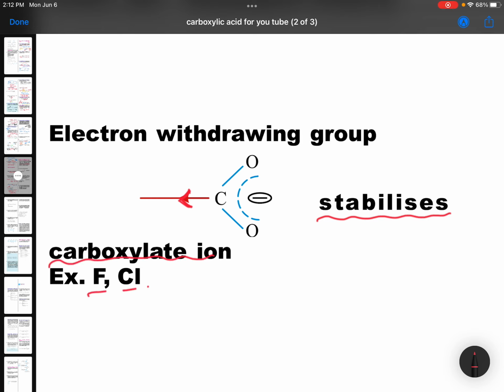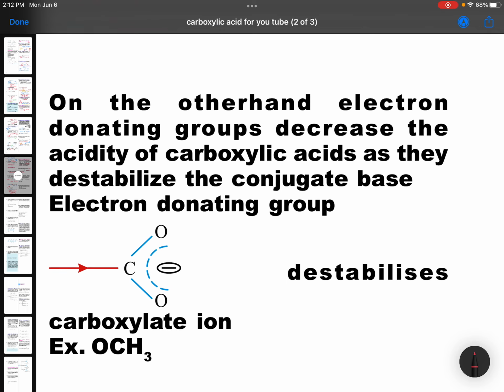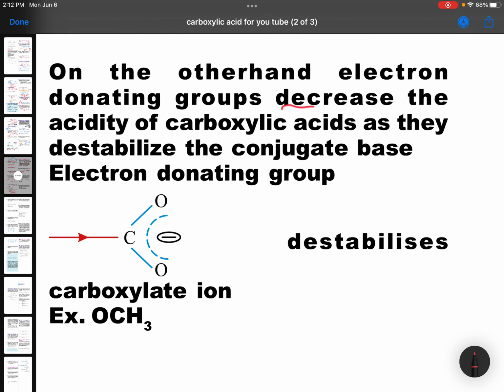So you can take fluorine, chlorine, NO2 group, cyanide group, any withdrawing groups here. So electron withdrawing groups are directly proportional to acidic strength. Remember this line. On the other hand, electron donating groups decrease the acidic nature or acidity of carboxylic acids, as they can't stabilize the conjugate base; they destabilize the conjugate base by providing electrons.